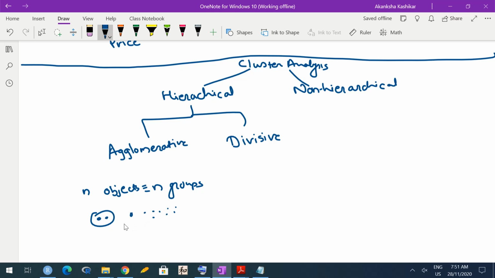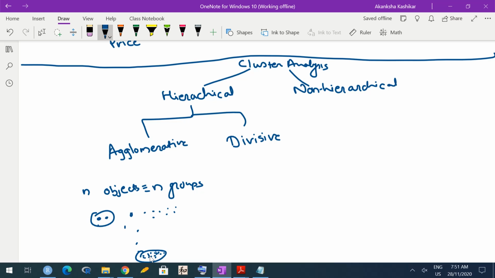Then in the next step, you treat this as one object and the other n minus 2 things as other objects, and you try to see among these n minus 1 objects which two are closest to each other. You join them and you get n minus 2 objects. The process continues till you finally end up with all the n observations in one place. Okay, so this is agglomerative. You go on aggregating things together.